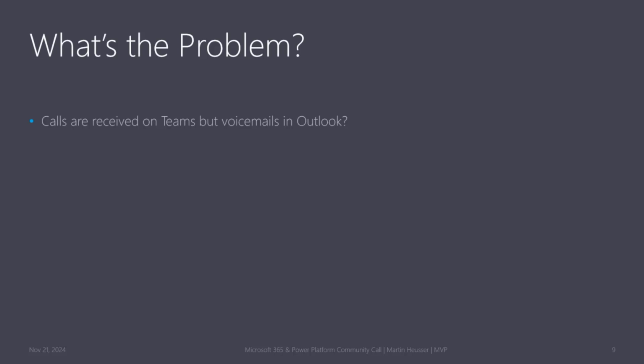So what's the problem with all of this? It's a little bit strange that calls on the one side are received in Teams, but the voicemails we get in Outlook. Seems kind of strange. Without following the inbox, probably no one listens to these voicemails, and no one calls back either because they didn't hear it in the first place.